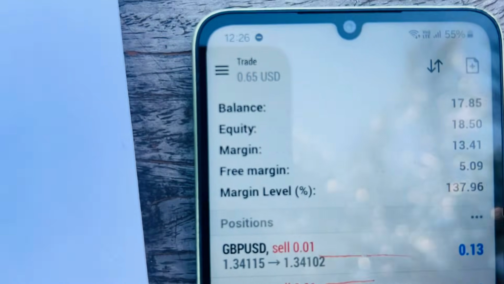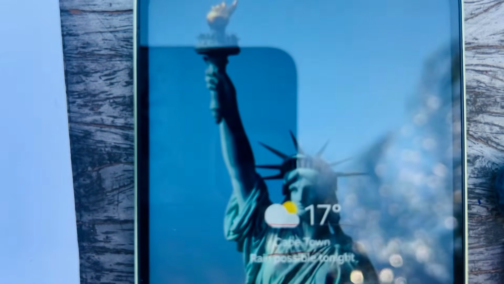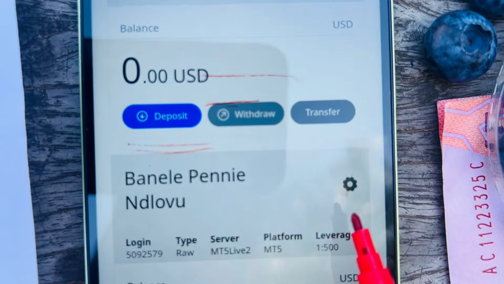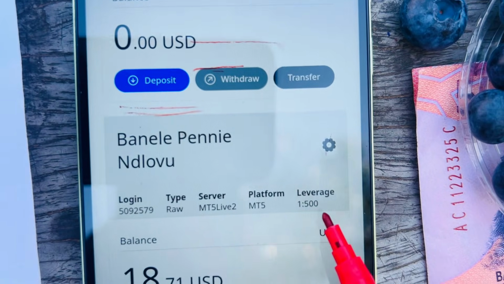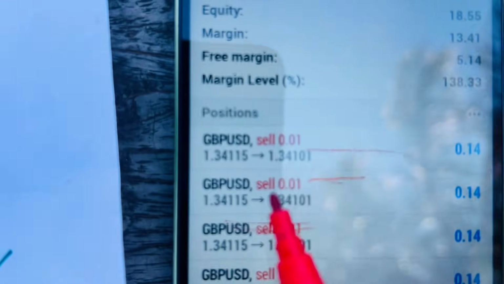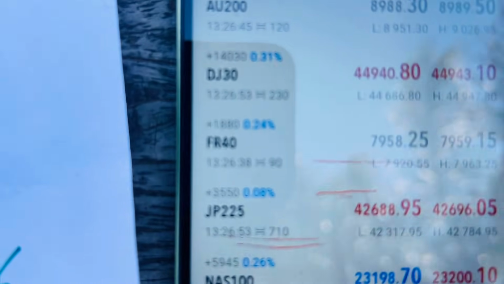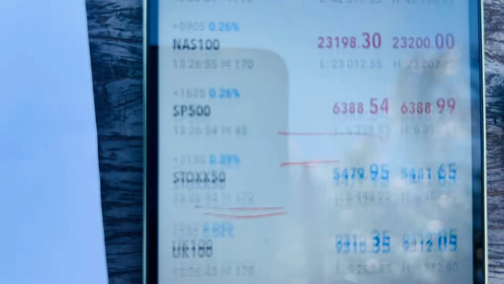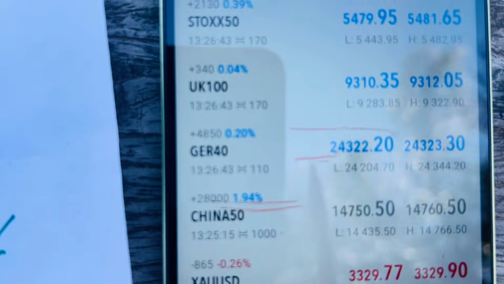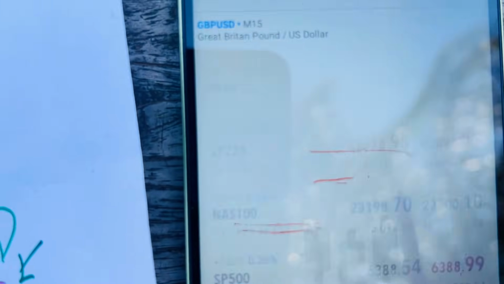Now let's look at what's happening here. To fix it, we're talking about the leverage. You see we have a maximum leverage of 1:500. So if right now you're trading financial assets, they have different leverages, but most of the currencies have the same leverage if you have 1:500. But if now you go to, let's say, Nasdaq, we go to NAS 100, all right?